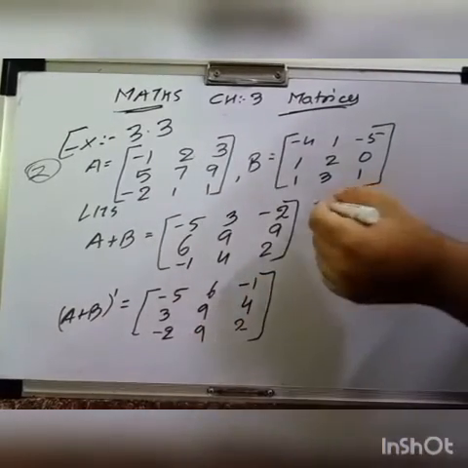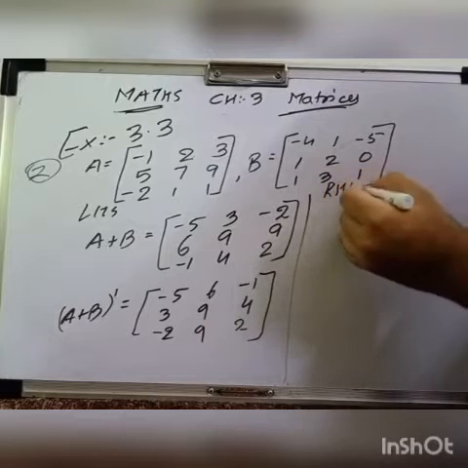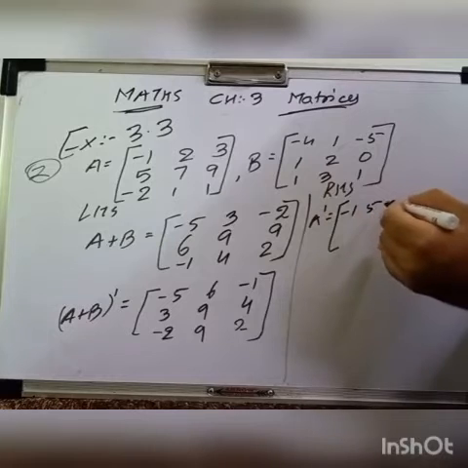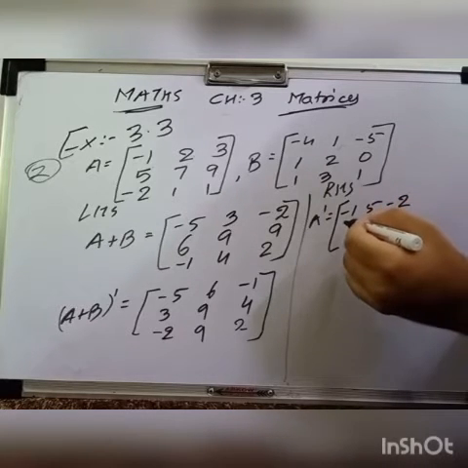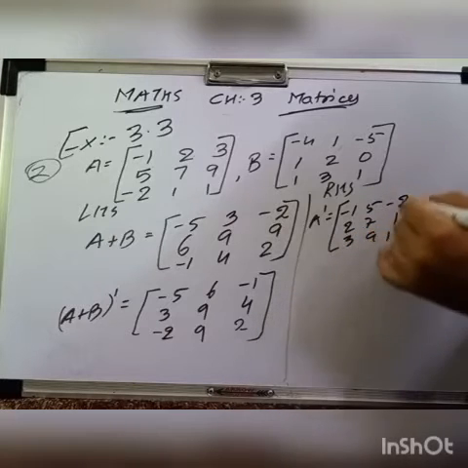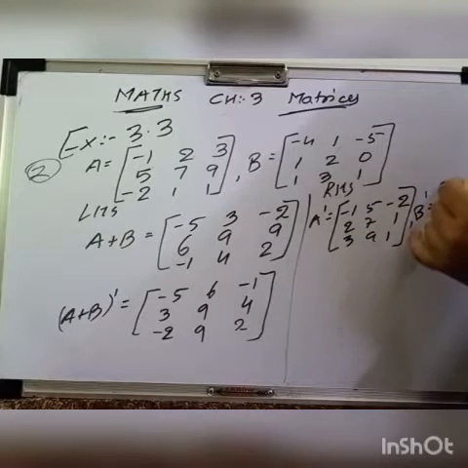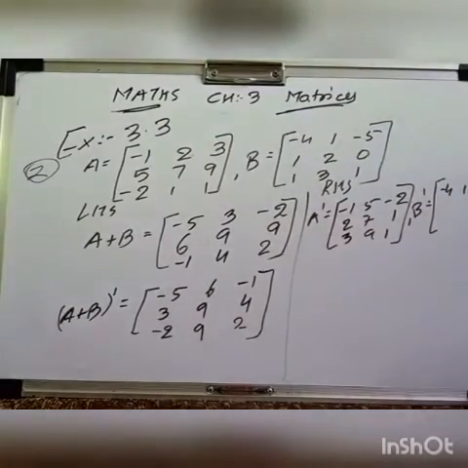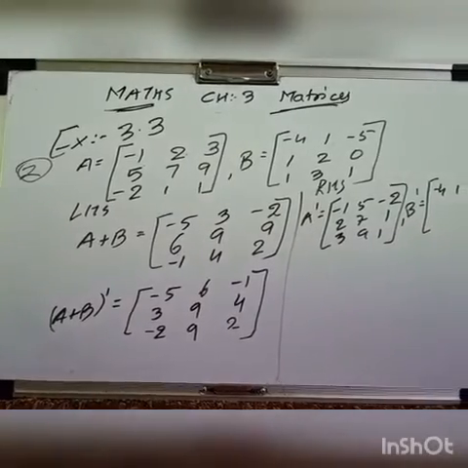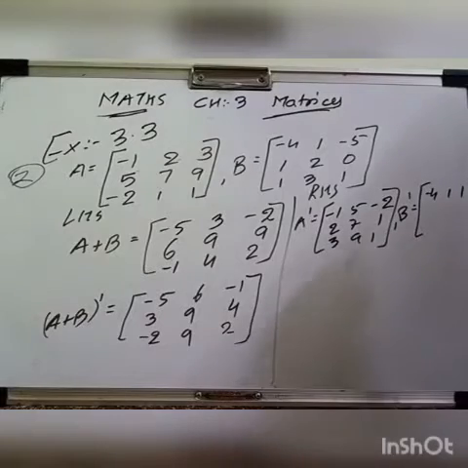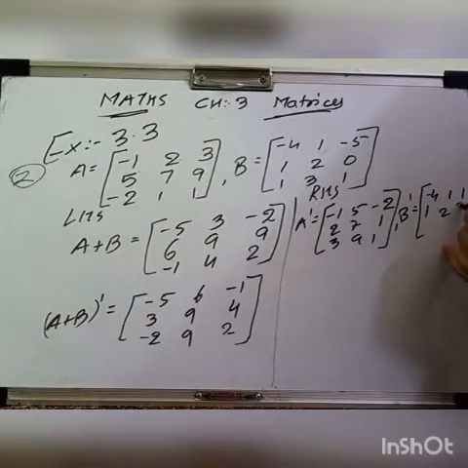Now let's try to find the right hand side. I will write A transpose and B transpose. So A transpose is -1, 5, -2, 2, 7, 1, 3, 9, 1, whereas B transpose is -4, 1, 1, 1, 2, 3, -5, 0, 1.